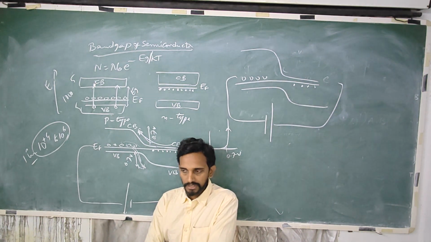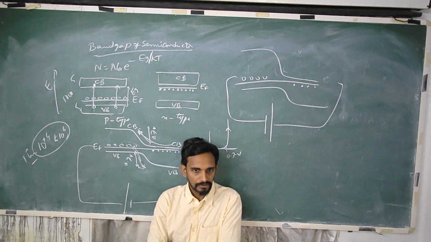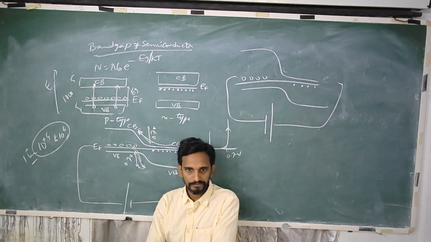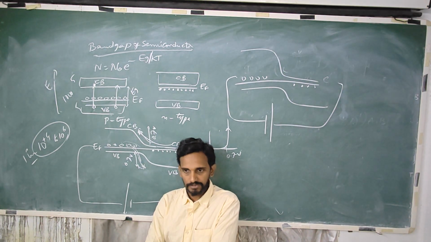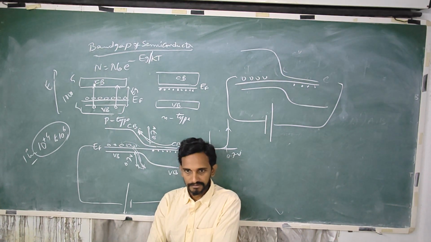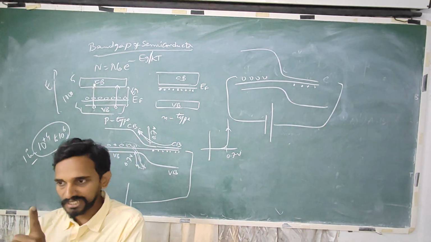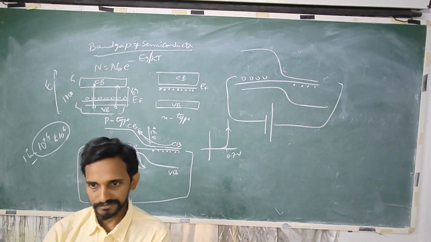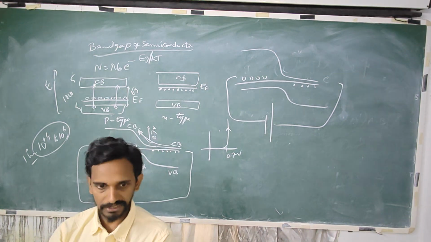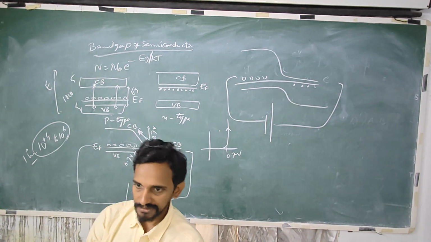I am replacing 1 in 10,000 silicon atoms with aluminium, and I got 1000 aluminum atoms. So how many silicon atoms are there? For each 10,000 silicon atoms, there will be one aluminum atom. So I got 1000 such aluminum atoms. So how many? 10,000 for one aluminum.